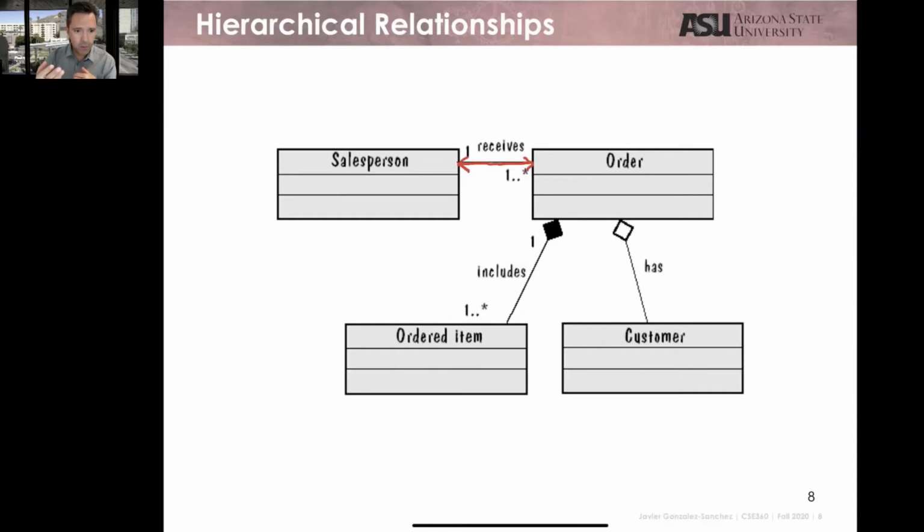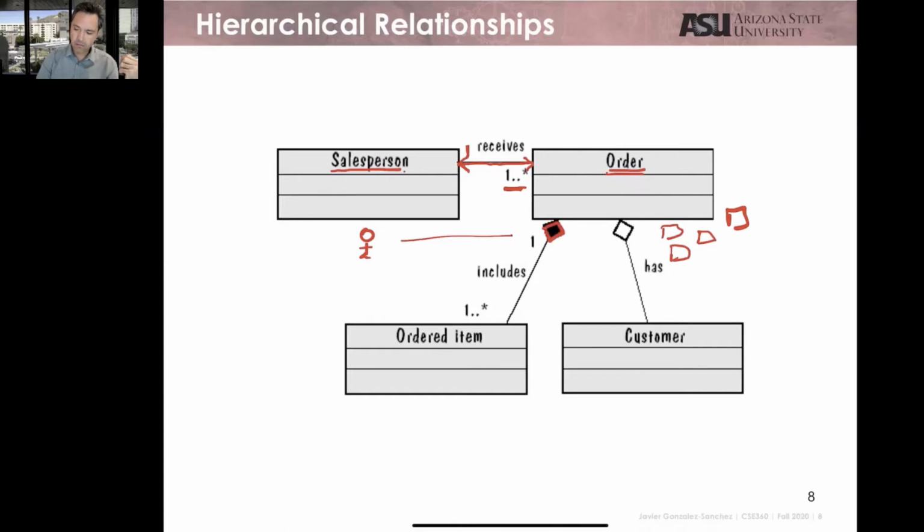Moreover, you can put numbers, and this one applies to this one, and this applies to this. The reading is: one salesperson is connected, association, one salesperson is associated with one or more orders. One of these is associated with one or more orders. You put the numbers.